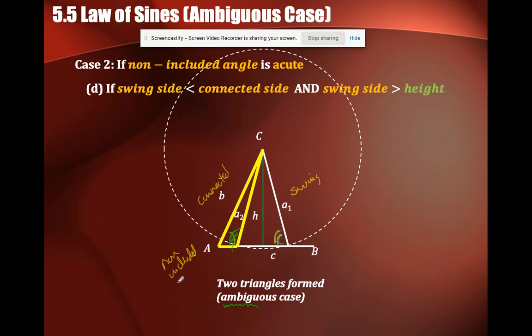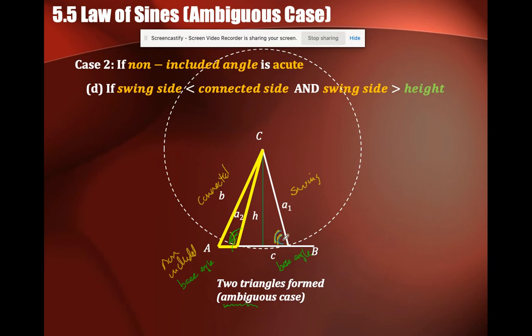Right? So the non-included angle was one of the base angles. And then this swing side is going to make another base angle. Because of the size of the swing side being in between the height and the connected side, there's 2 possibilities.